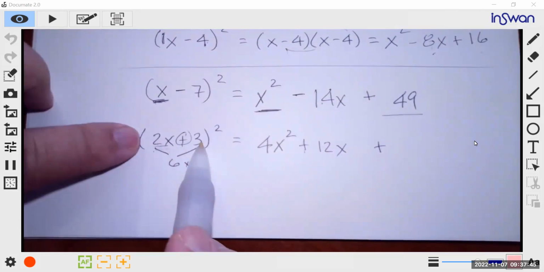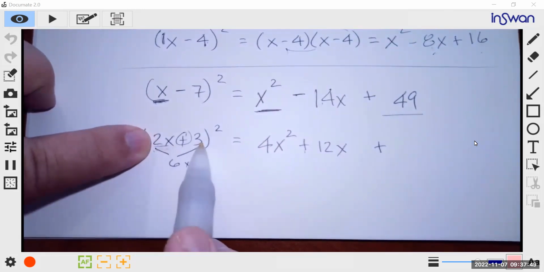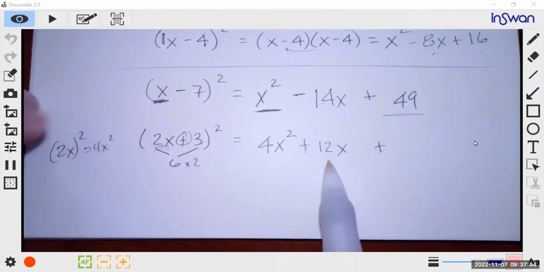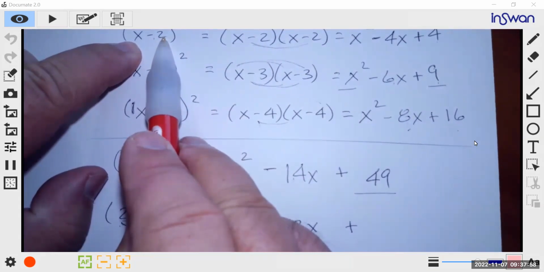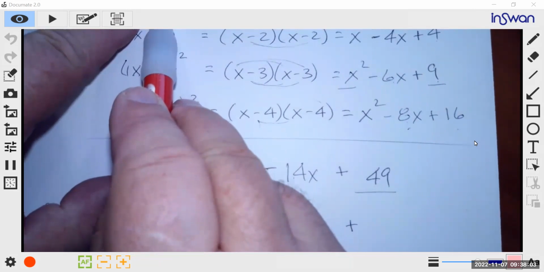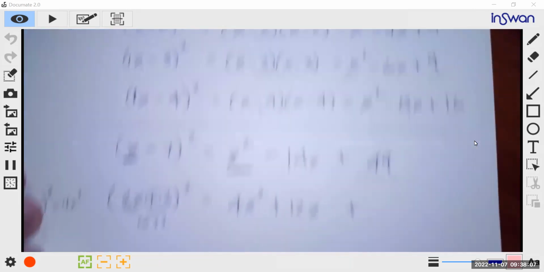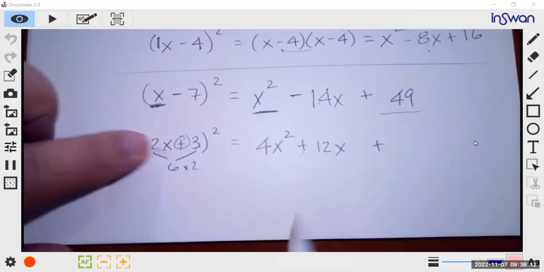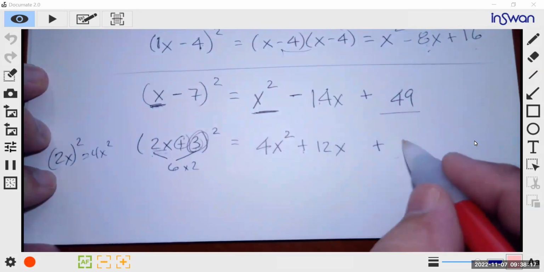So take the first and the last terms, multiply them together. 2x times 3 is 6x, and double it. 6x times 2 is 12x. 2 times 1 is 2x, times 2 is 4x. 4 times 1x is 4x, times 2, 8x. 3 times 2 is 6, times 2 is 12x. And the last term is going to be this last number squared. 3 times 3 is 9.